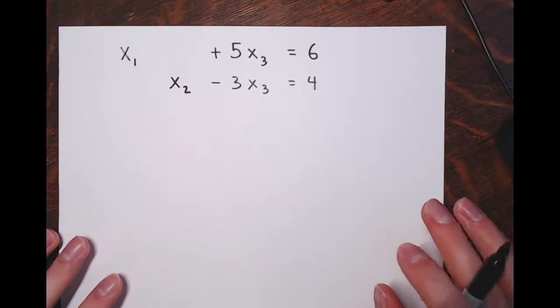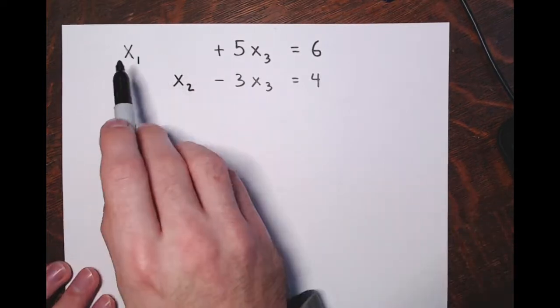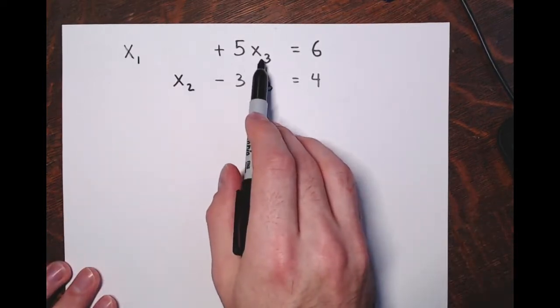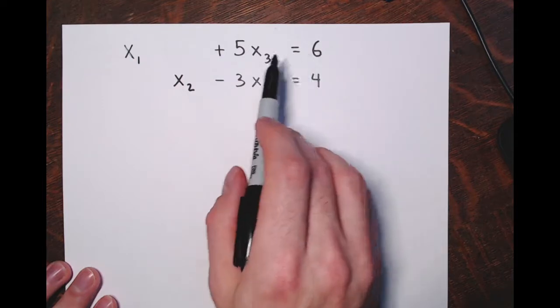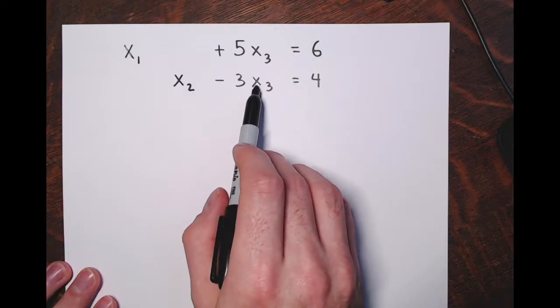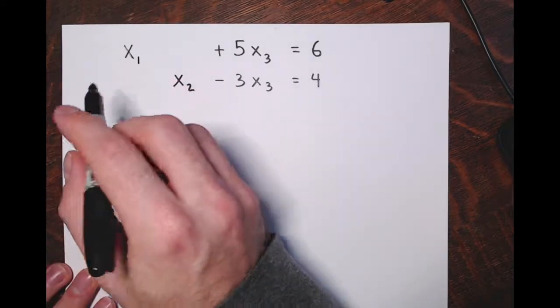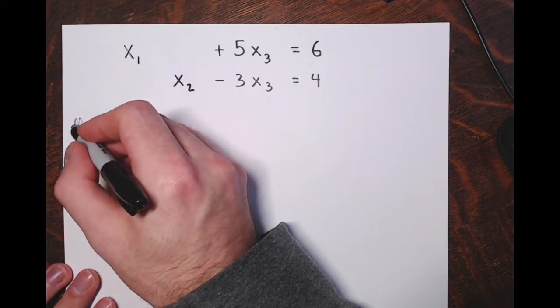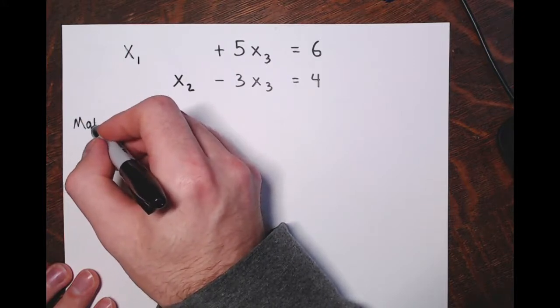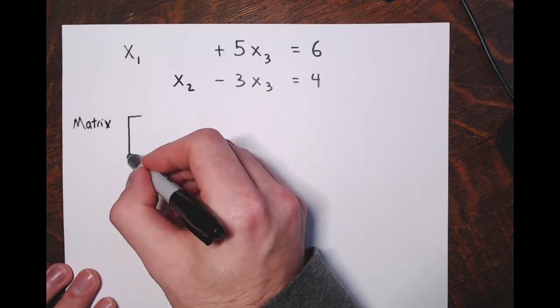Okay, so I've written out the system they had there with the variables. x1 plus 5x3 equals 6. Second equation in the system had x2 minus 3x3 equals 4. I can represent it with an augmented matrix. Right, or again, a little matrix notation here.